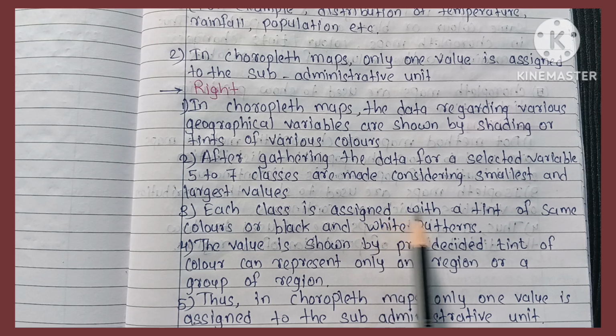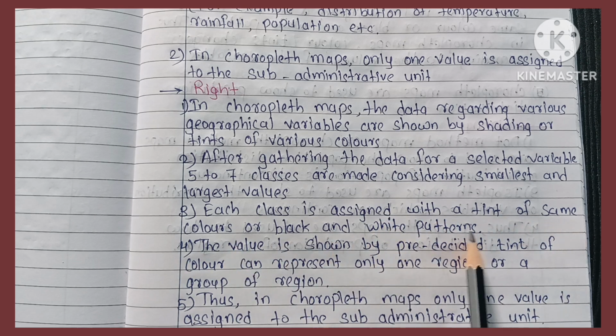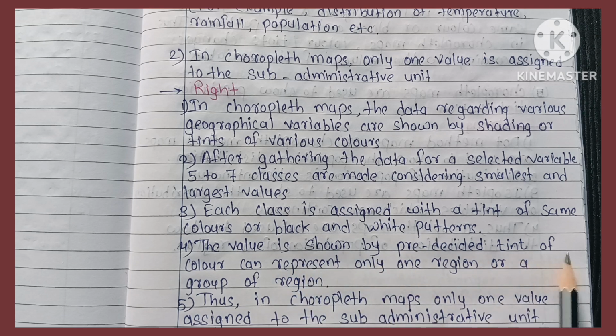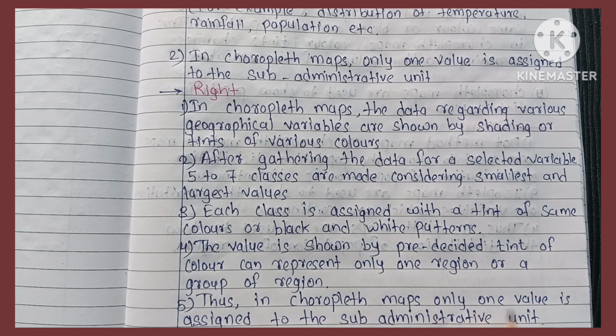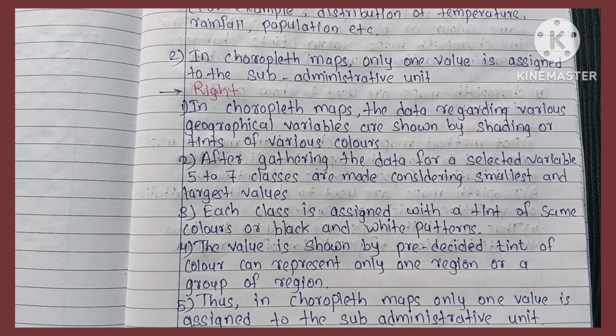Each class is assigned with a tint of same colors or black and white patterns. The value is shown by pre-decided tint of color can represent only one region or a group of region. Thus, in choropleth maps, only one value is assigned to the sub-administrative unit.